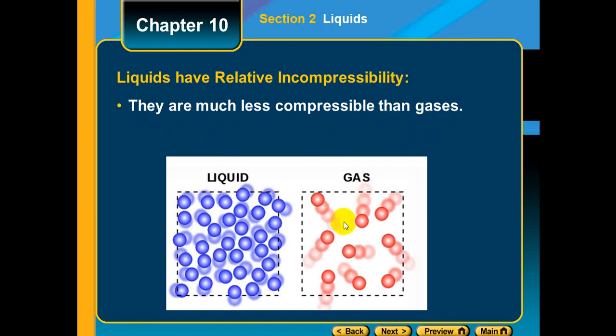This can be explained because the particles of a liquid are more closely packed together than the particles of a gas. The particles of a gas can be compressed because there are larger intermolecular spaces among them, while the particles of a liquid are incompressible.